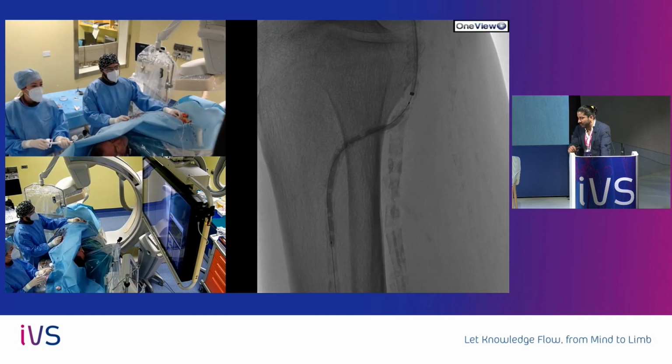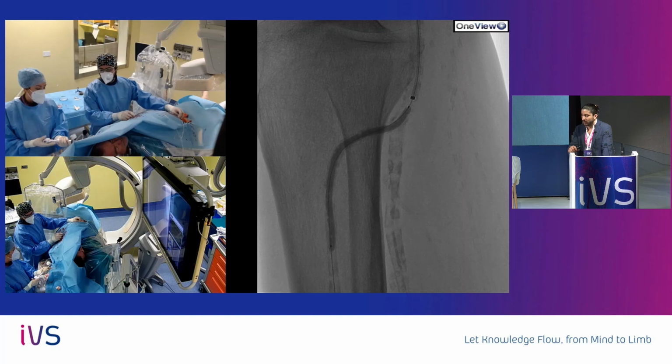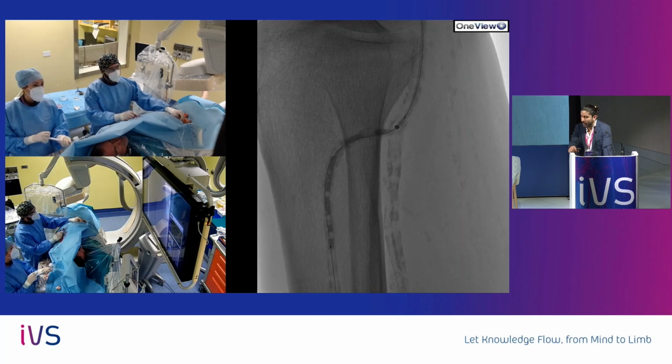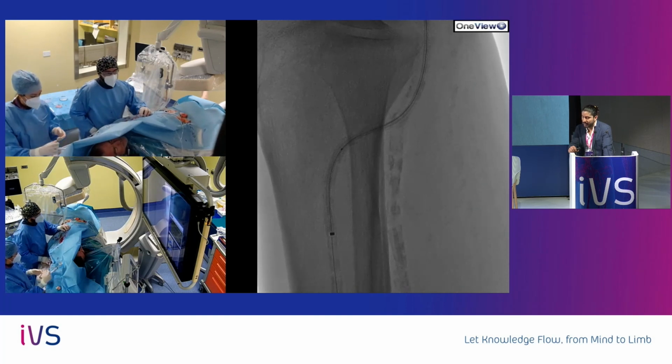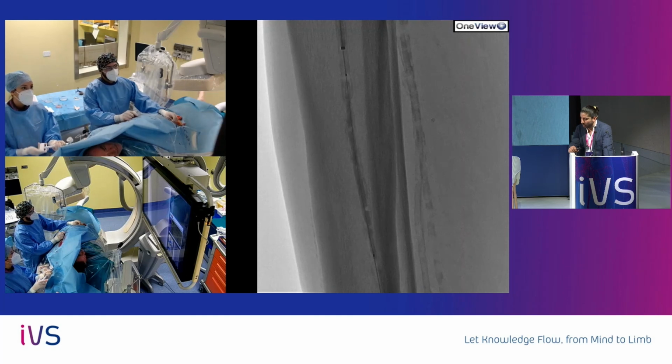So predilate everything, with a 4 French long sheath inside the anterior tibial to increase the pushability and to be able in any way to push the balloon as distal as possible, and to try to be in a good position to finally take off the piece of the guide wire.